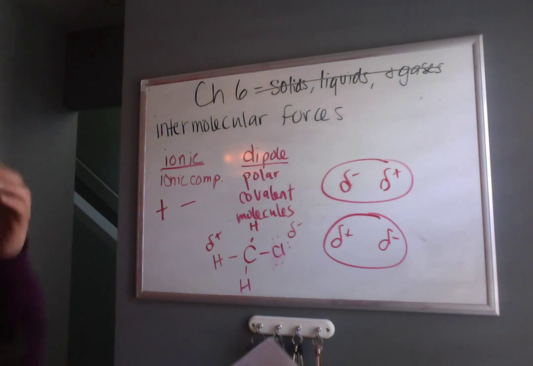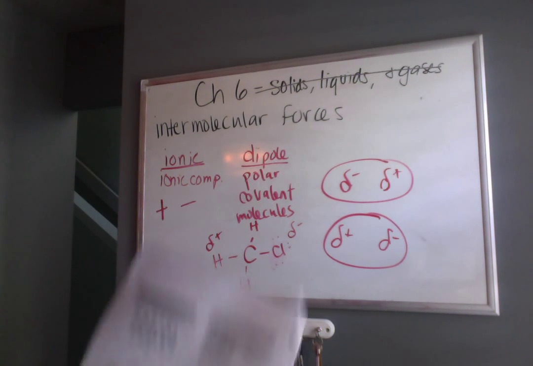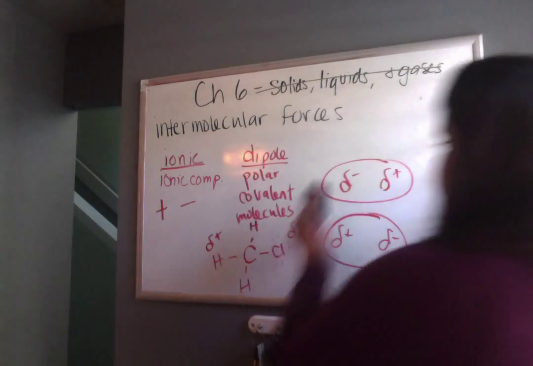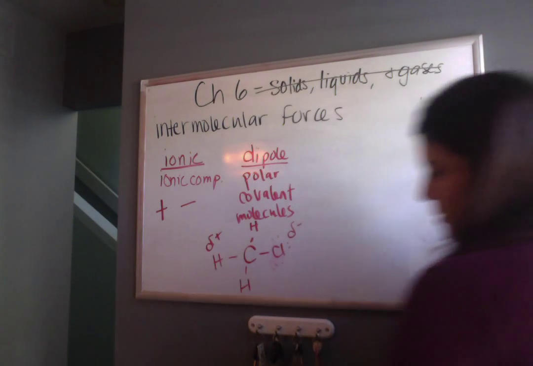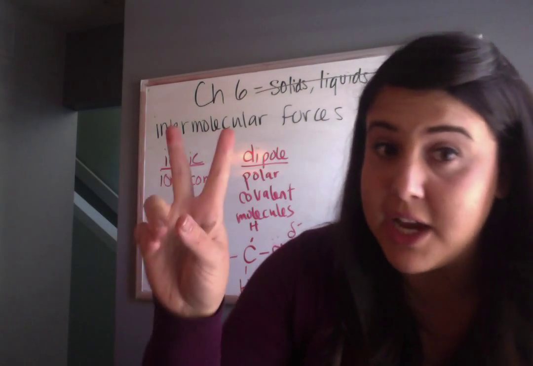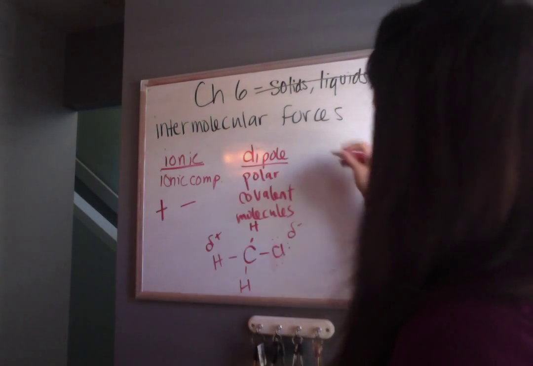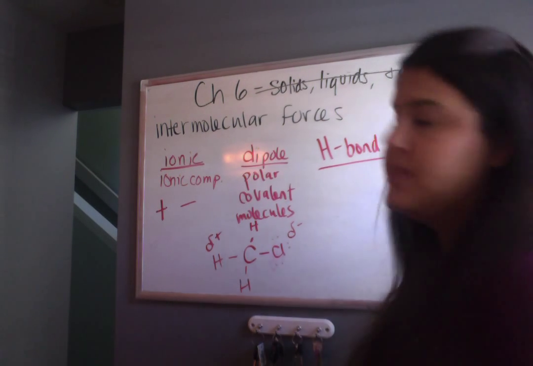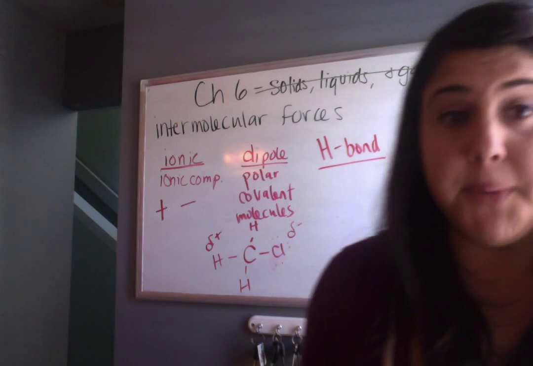All right, so the next thing on the list then is hydrogen bonds. Hydrogen bonds are a special type of dipole-dipole interaction. I'm going to use quotations around hydrogen bonds. First of all, hydrogen bonds occur between polar molecules.